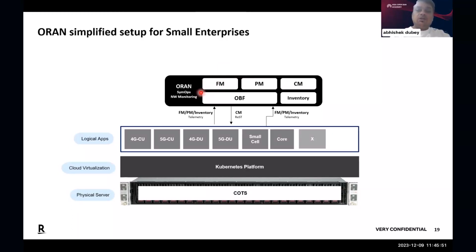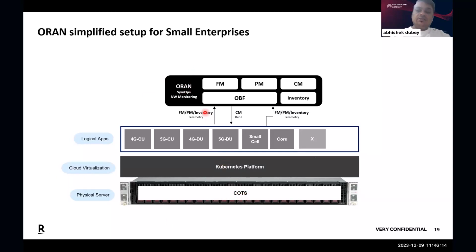and you are now getting how the management of ORAN works with the logical apps and then the cloud virtualization. So this network monitoring is not only monitoring the logical labs, it's monitoring the Kubernetes platform. It's also monitoring the COTS server.